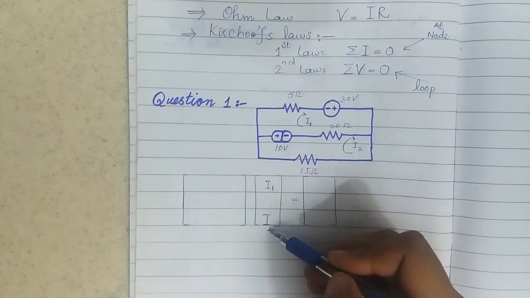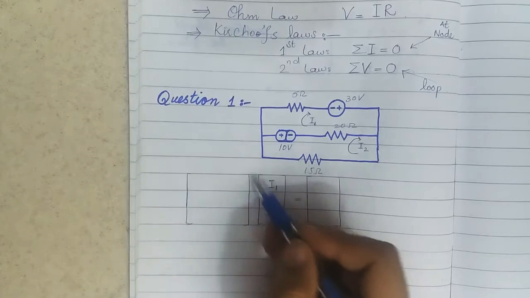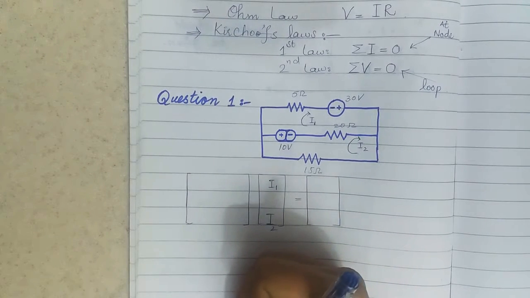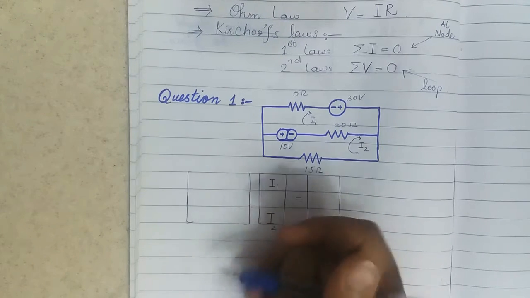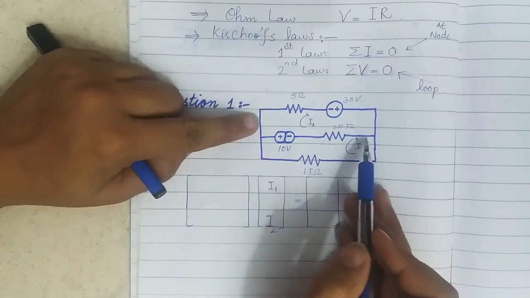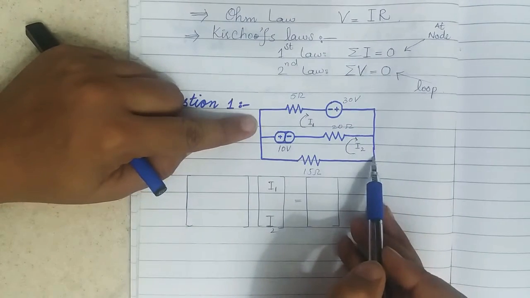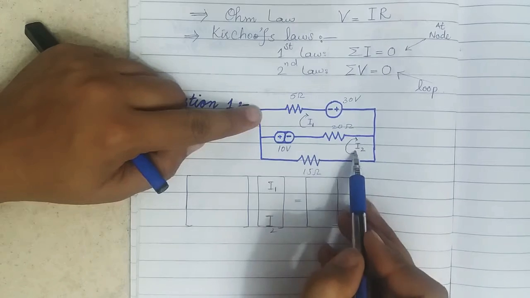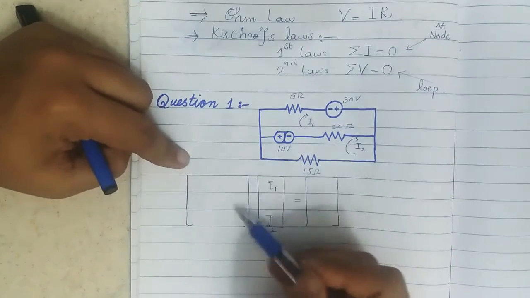These are the values of unknown. There should be a coefficient matrix. As this will be a 2 by 2 matrix, because we have to find two variables, it should be a 2 by 2 matrix.